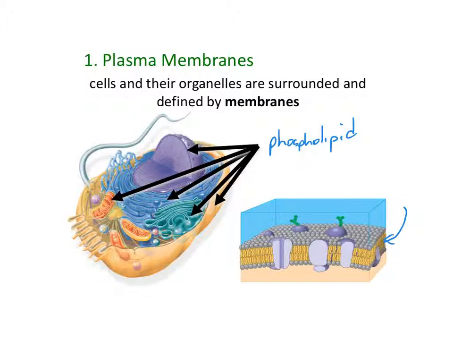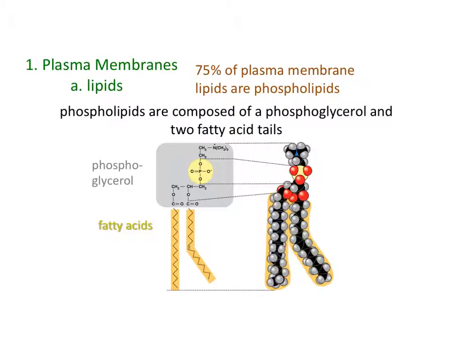So it's a phospholipid bilayer, actually. It's two sheets of phospholipids interacting to form this hydrophobic barrier. 75% of the plasma membrane lipids are phospholipids.